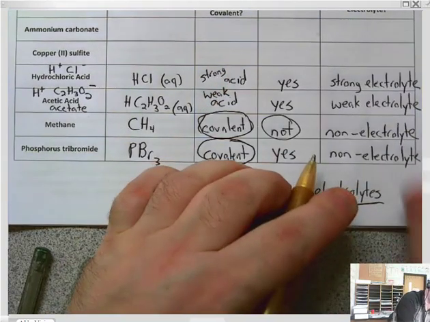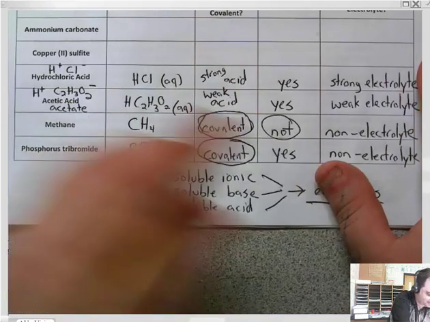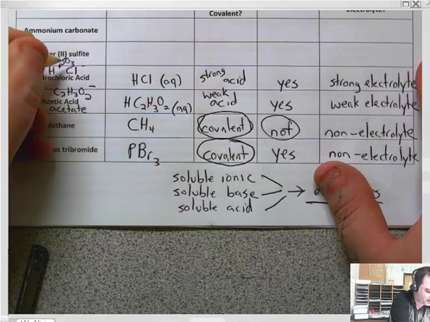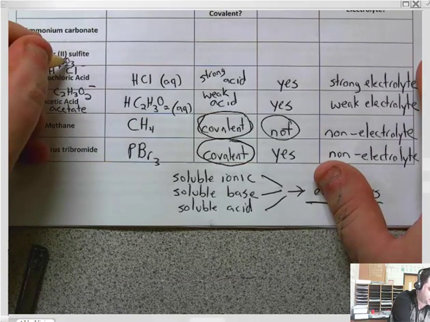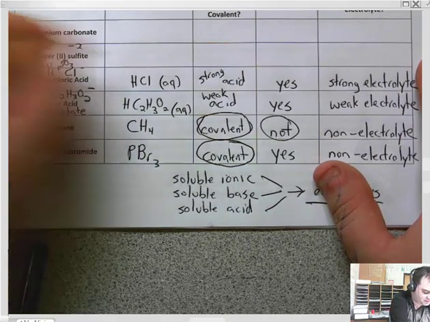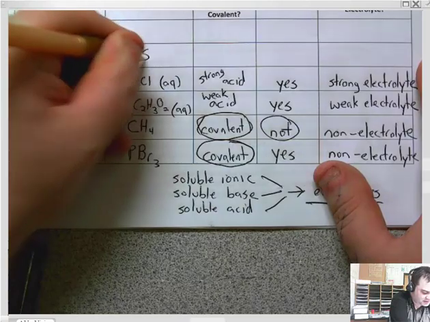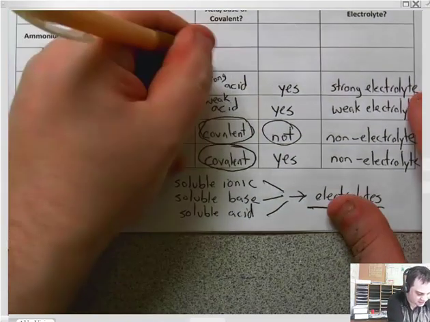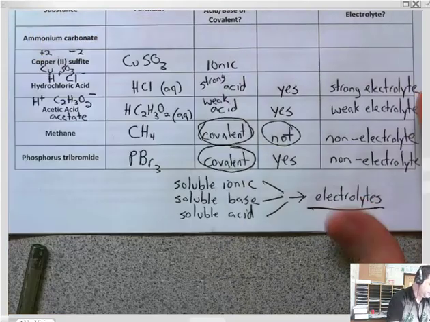Then we get to the fun ones. Copper 2 sulfide. Copper is Cu. Sulfide is SO3. Remember, sulfate is SO4 minus 2. Subtract an oxygen for the sulfite, so it's SO3. This is minus 2 and this is plus 2, so this is CuSO3. This is ionic because it has a metal in it.